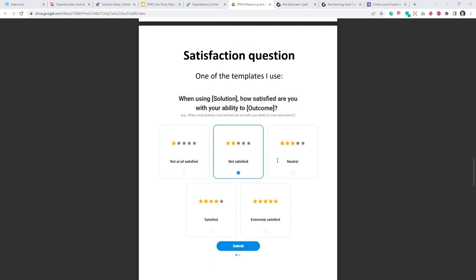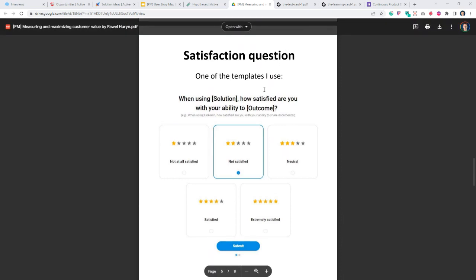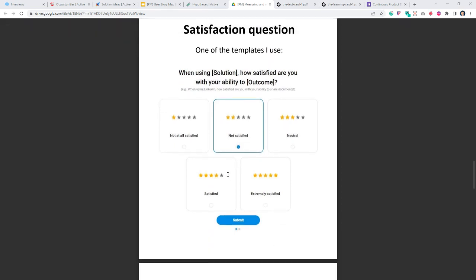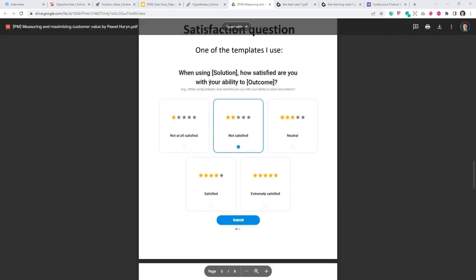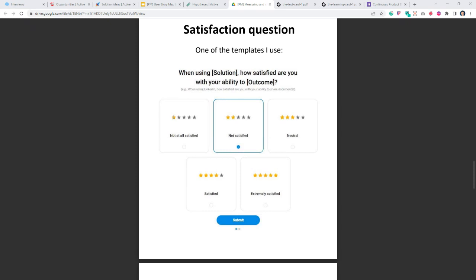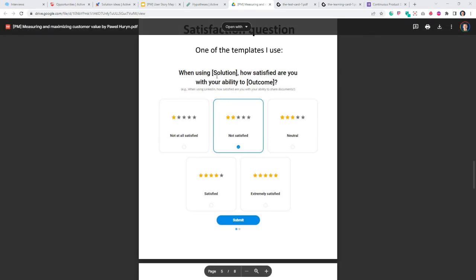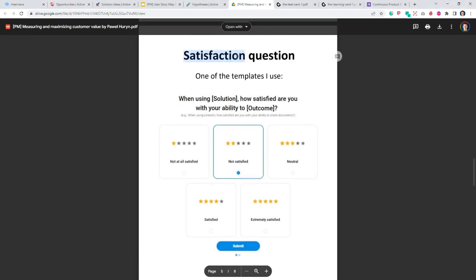But then after the interview is finished, you go to the solution to the opportunity repository, and you would like to note those points. So for example, this is simplified because this is on a scale from 1 to 5, and this should be from 1 to 10. But nevertheless, when we want to ask about satisfaction, we can ask when using some solution.